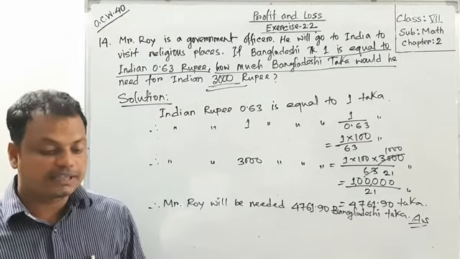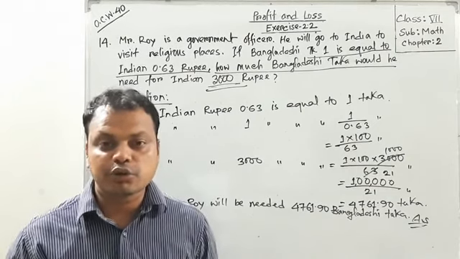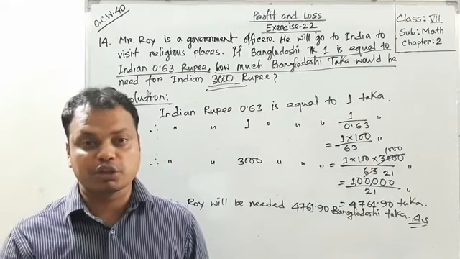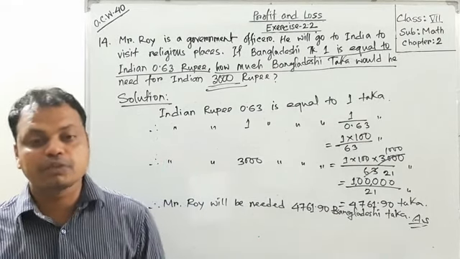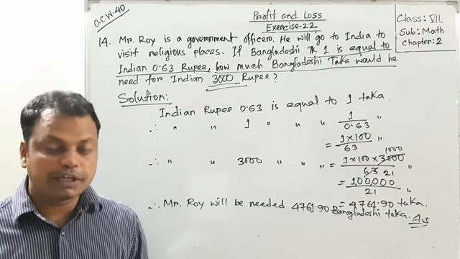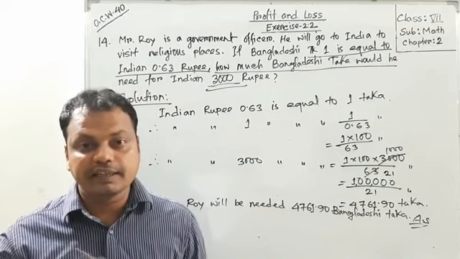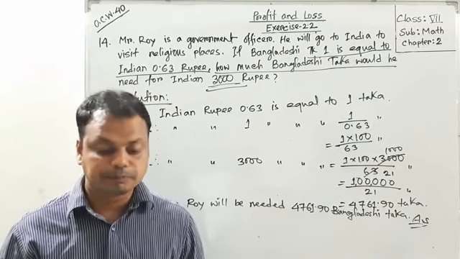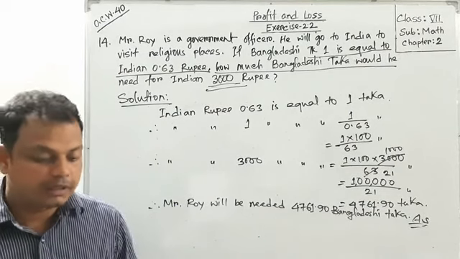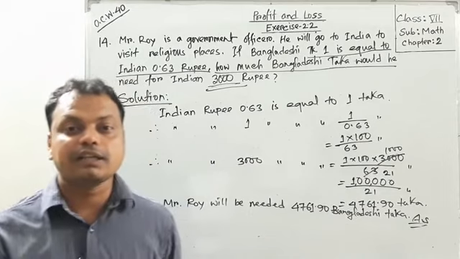Nabil bought total 2 kg sandesh. Then what will be the total price for 2 kg sandesh? For 1 kg it will be 250, and for 2 kg it will be increased, so we have to multiply. 250 multiplied by 2 is 500 taka. So the price for 2 kg sandesh is taka 500.